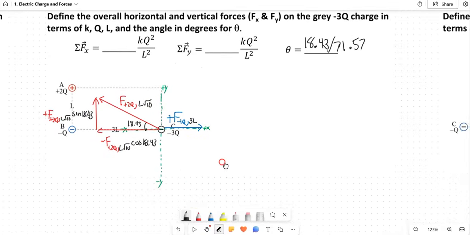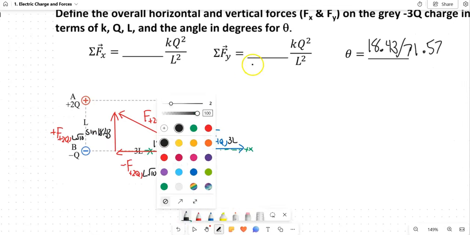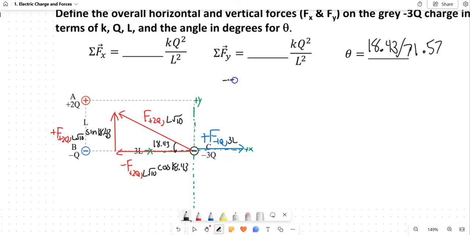Okay, now let's sum our forces in the x and y direction, starting with the x direction. Try to be consistent in what you do. So I tend to always start in the x direction. Okay, in the x direction, I have this negative, and I'm actually going to go right to the equation now. I'm skipping a step. We're doing a force diagram on our negative 3q charge.